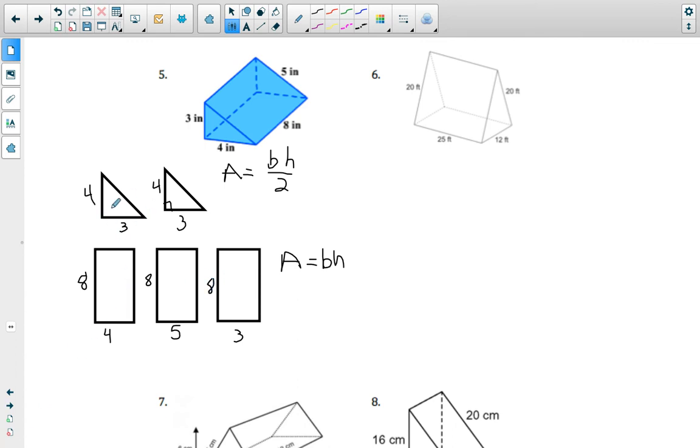So for my triangles, I have base times height divided by 2. So that is 3 times 4 divided by 2, which is 12 divided by 2, which is 6 inches squared.